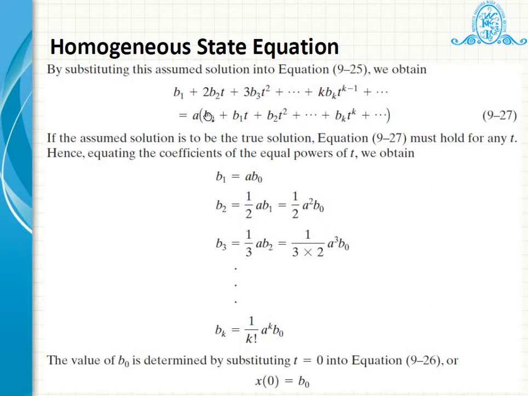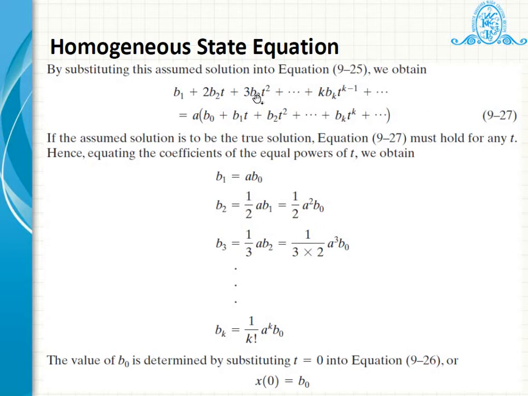Again if we go further, then we multiply a to this term a b2 t square, and here we have 3 b3 t square. So coefficients of t square, this side and this side, are compared, so we get 3 b3 is equal to a b2.